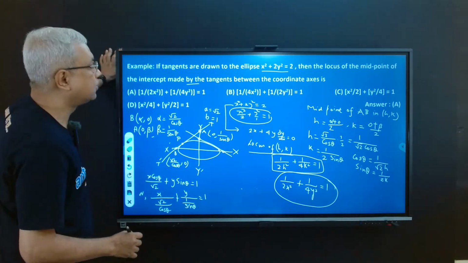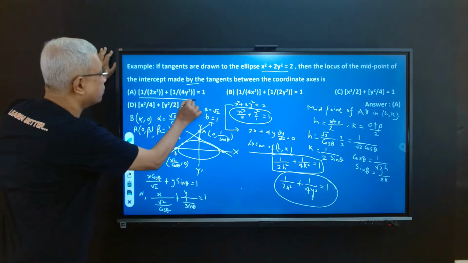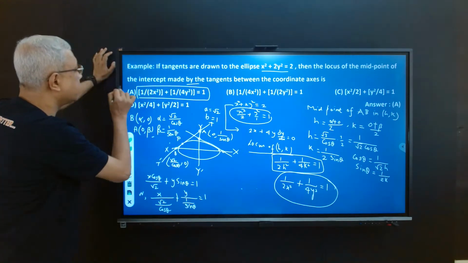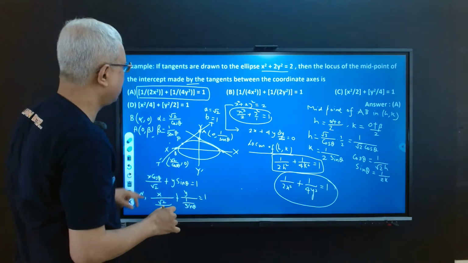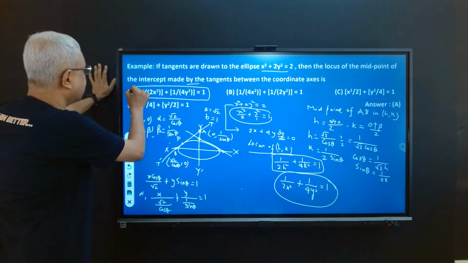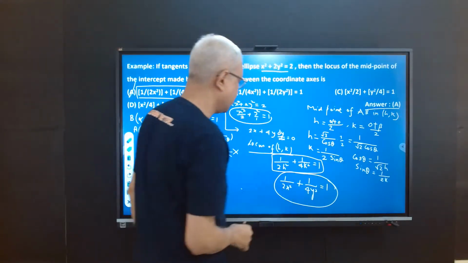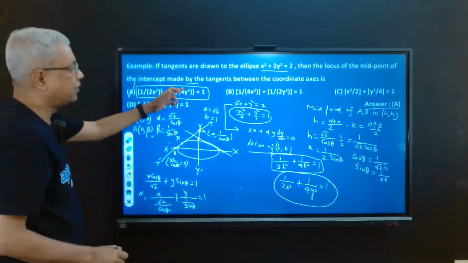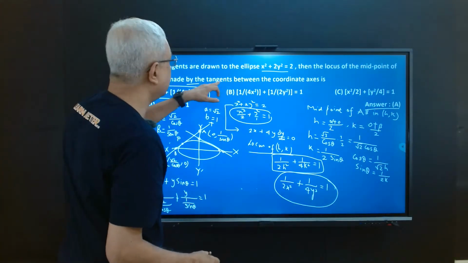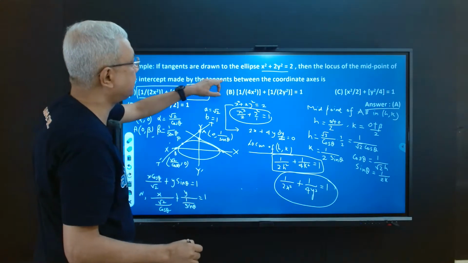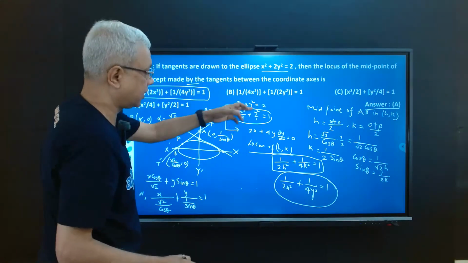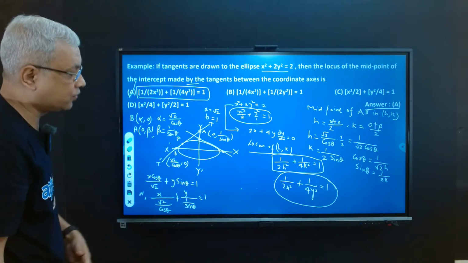That is actually this option. 1 by 2x square plus 1 by 4y square equal to 1. So A is the correct answer. So this is the correct answer. This is the equation of the locus of the midpoint of the intercept made by the tangent between the coordinate axes. So this is the required equation.